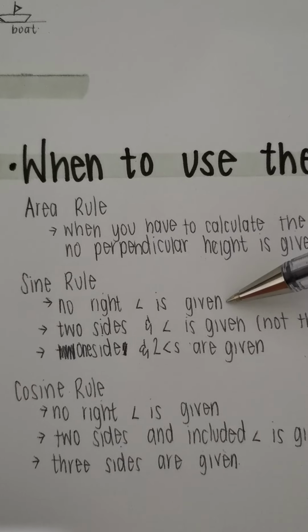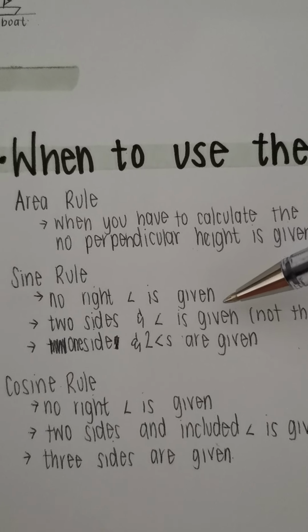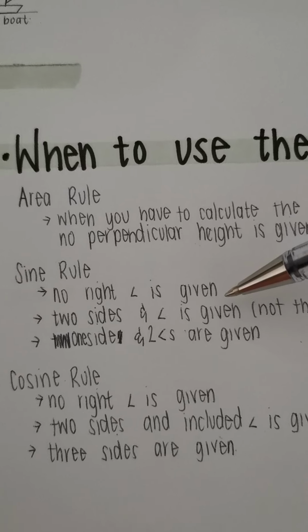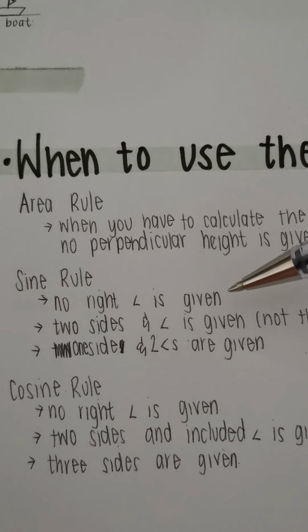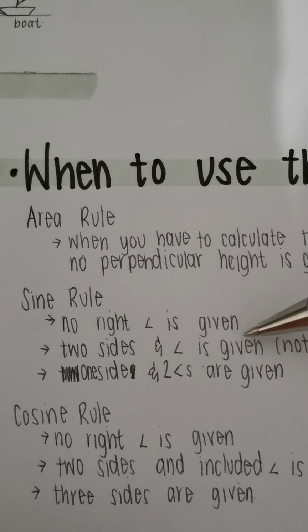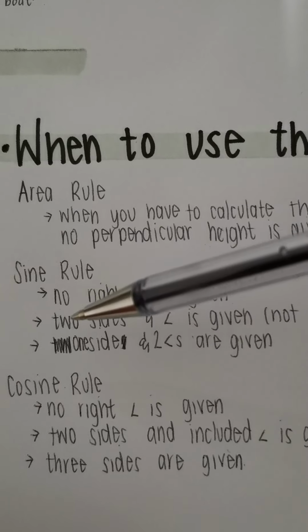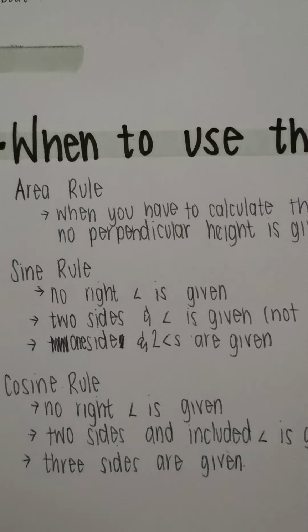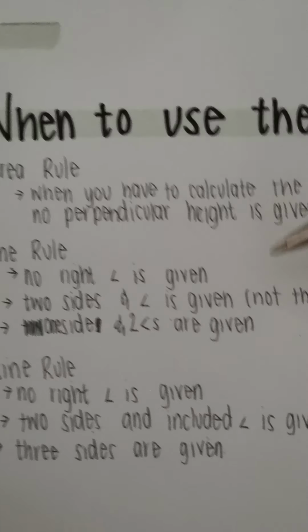When no right angle is given, obviously, because if a right angle was given, then you'd be using your ratios: opposite over hypotenuse, adjacent over hypotenuse, opposite over adjacent. But if no right angle is given, but two sides and an angle is given, or two angles and a side, right?